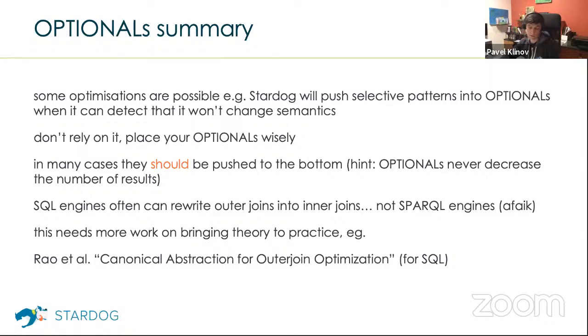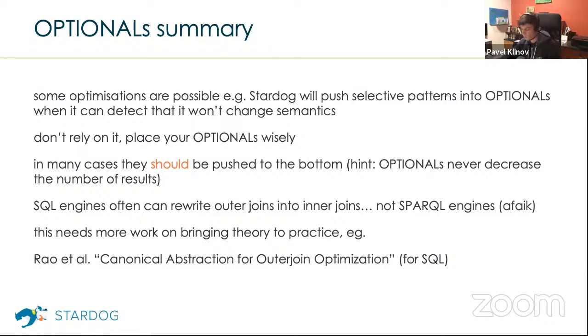Remember that optionals never decrease the number of results matched by the patterns before them, right? Because if the join fails for some solution on the left, that solution on the left will still be in the results. It's just the variables which occur inside the optionals will not have values, but the result will still be returned.